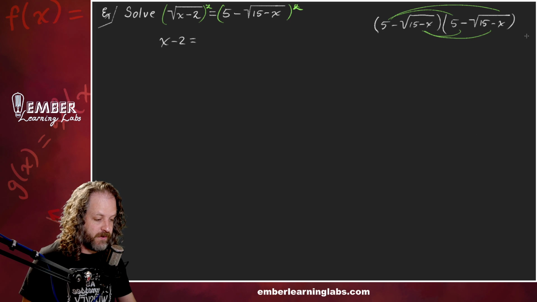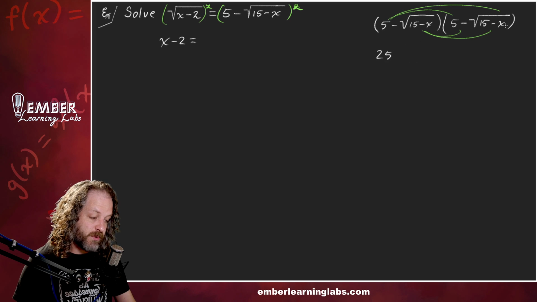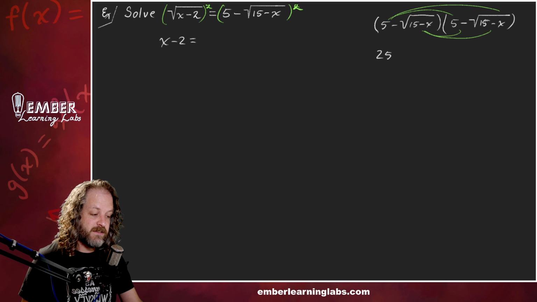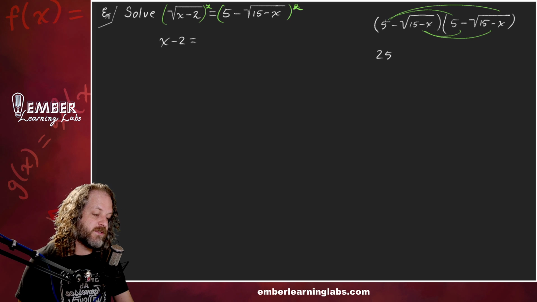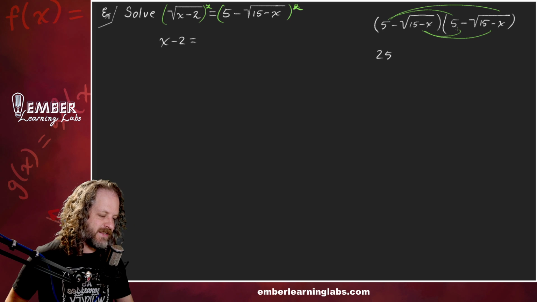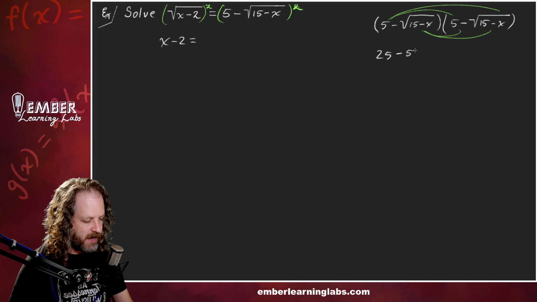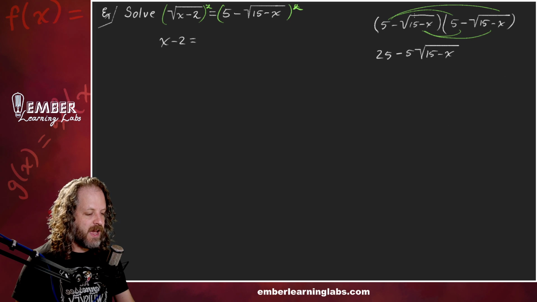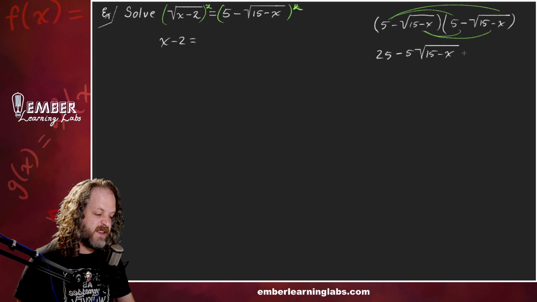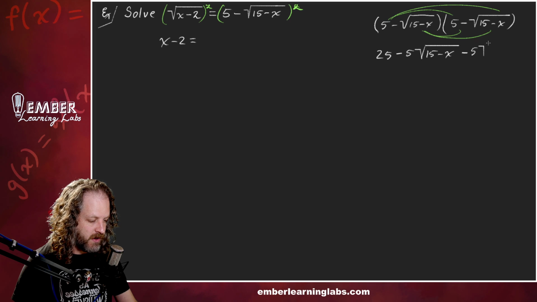Big old distributive property, right? 5 times 5 is 25. 5 times negative square root of that is negative 5 times the square root of 15 minus x. And the negative square root of that times 5 is the same thing, right? Negative 5 times the square root of all this mess.